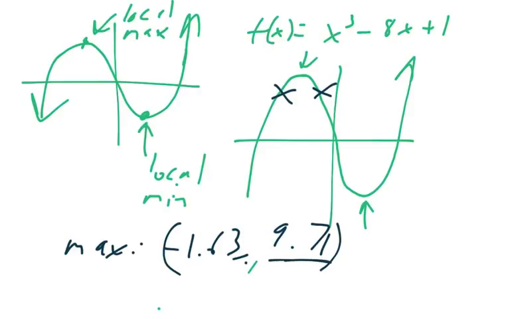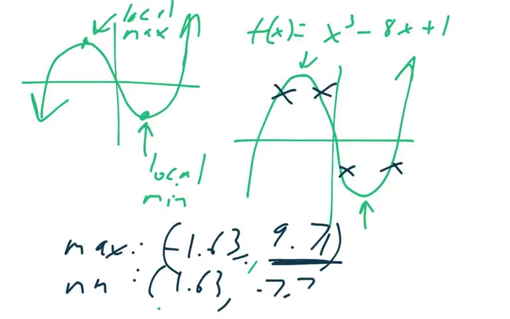And the y value is really the value of the maximum. If we do it again for second trace 3, on the left side, then on the right side, so about here and about here, we wind up with a minimum at positive 1.63, comma negative 7.71, and that would be the actual value.